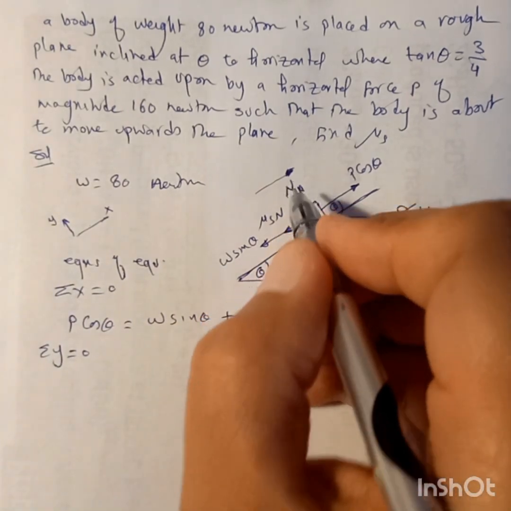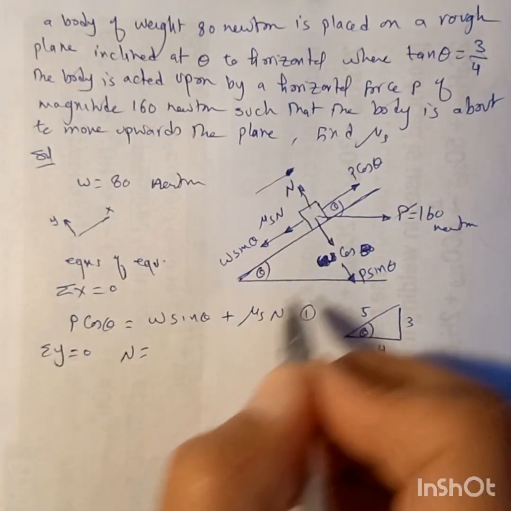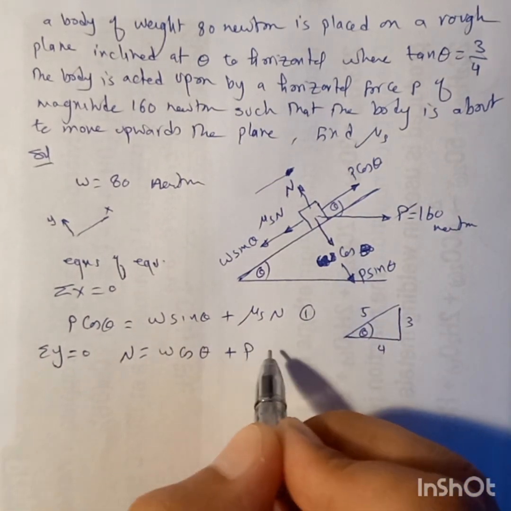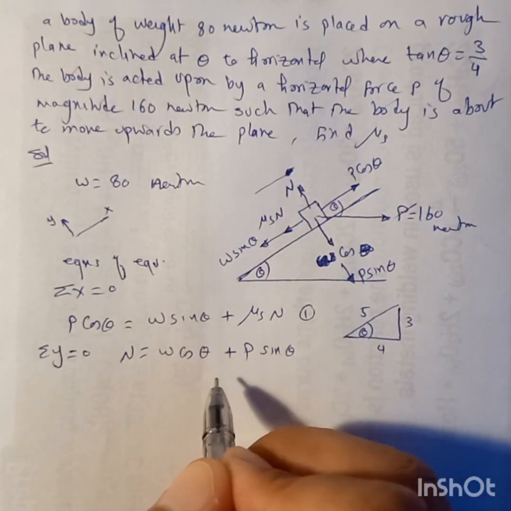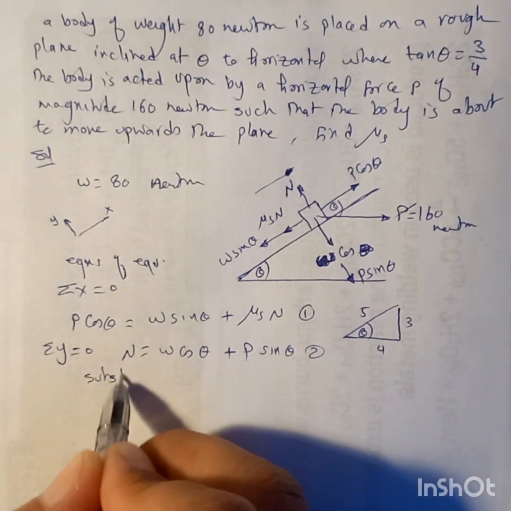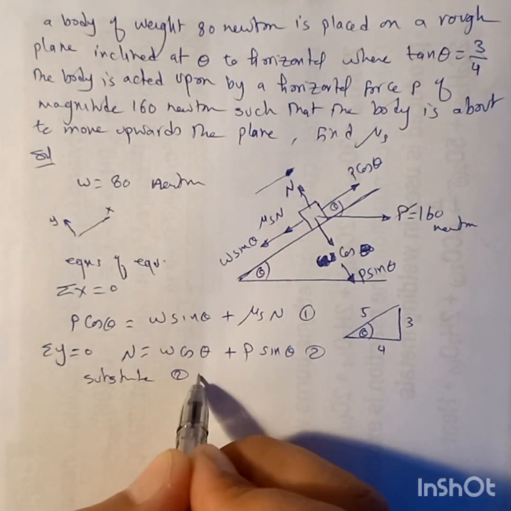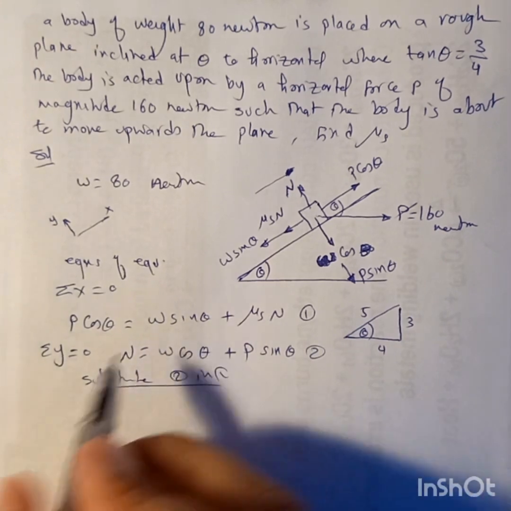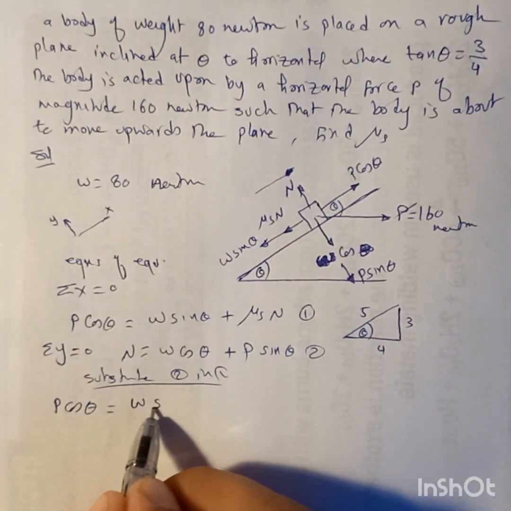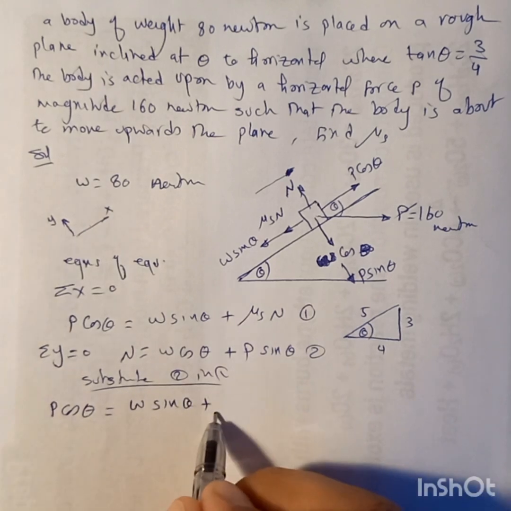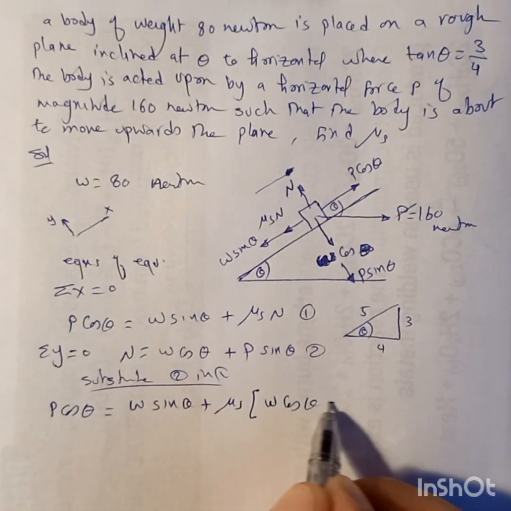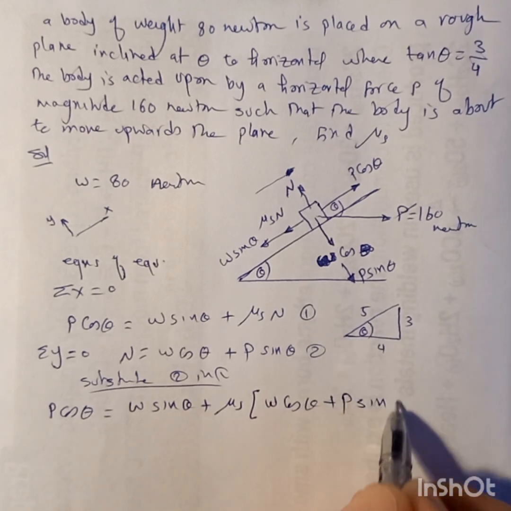Here N equals W cosine theta plus P sine theta. This is equation number 2. We'll substitute from 2 in 1. Then we have P cosine theta equals W sine theta plus mu s times N, and N is W cosine theta plus P sine theta.